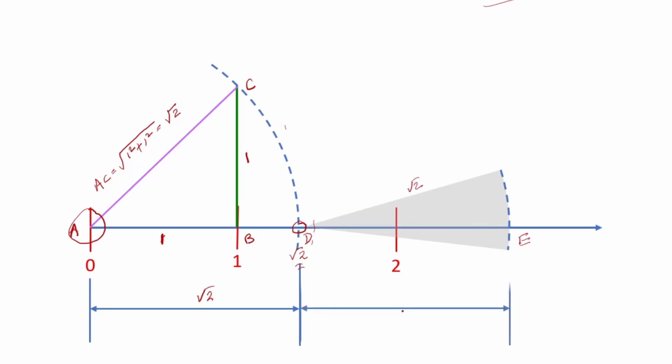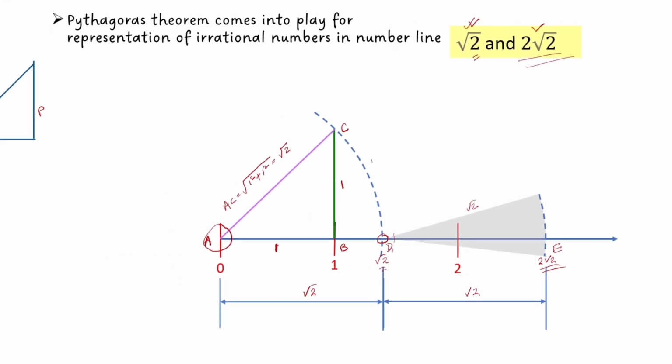So the total distance from point A, or from 0, is root 2 plus root 2, that means 2 root 2. Thus we represent 2 root 2 in the number line.